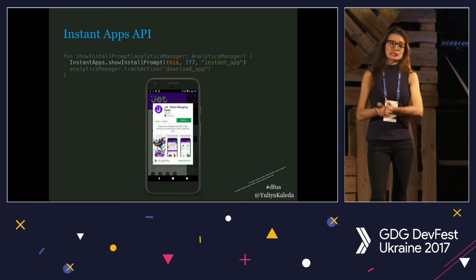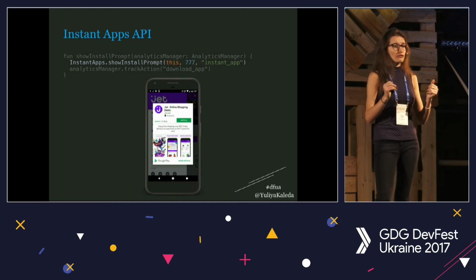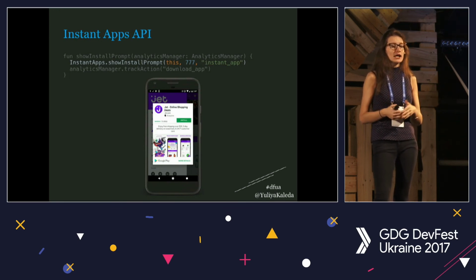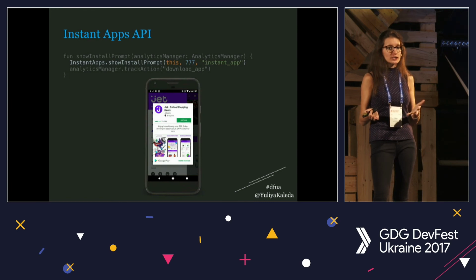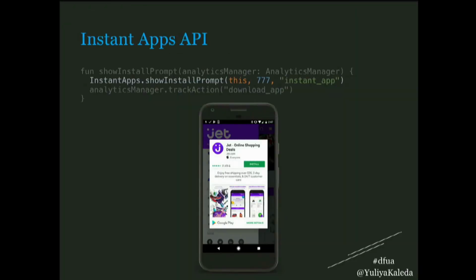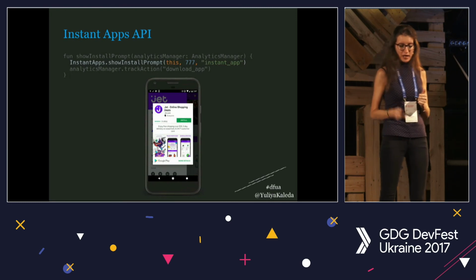So imagine you have 15 features within your installable application. You can build maybe just 3 or 5 features that will be supported in your Instant app. The method showInstallPrompt will help you to do that. It's basically a prompt right within the Instant app where you can install your regular application.